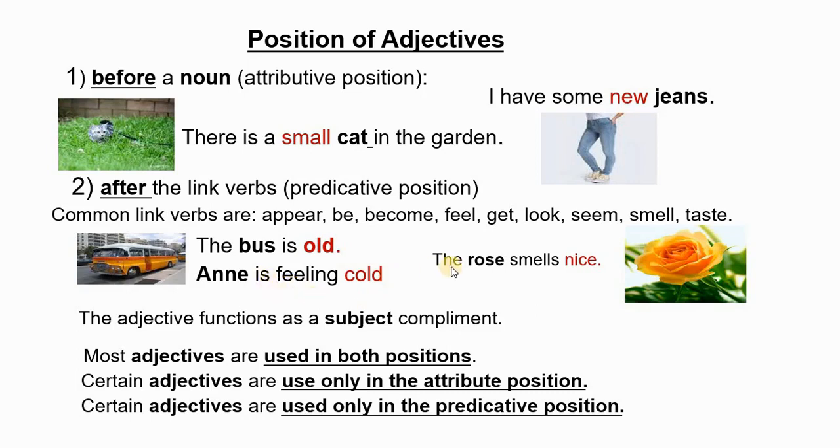Number 2 example. The rose smells nice. So the adjective nice is after the linked verb smells. And what is important here is the adjective functions as a subject complement. So this means that the adjective is describing the subject of the sentence. It's giving us a little information about the subject.